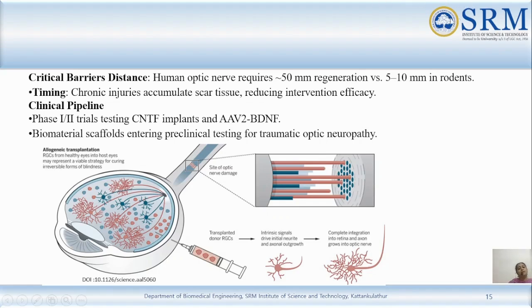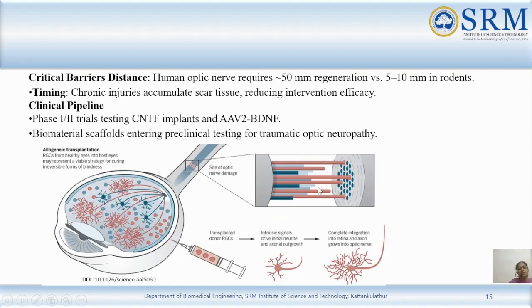The clinical pipeline that exists now includes phase 1 and phase 2 trials testing CNTF implants and adeno-associated viral BDNF delivery vectors. There are also biomaterial scaffolds entering preclinical testing for chromatic optic neuropathy.